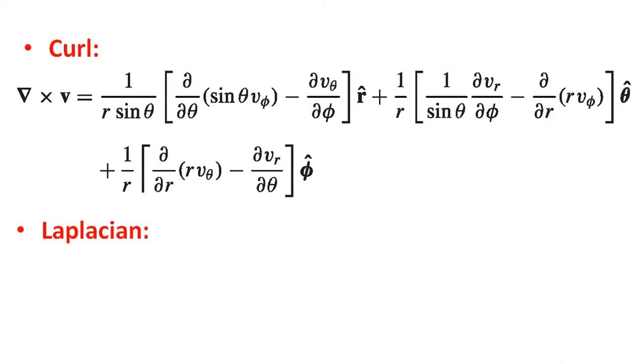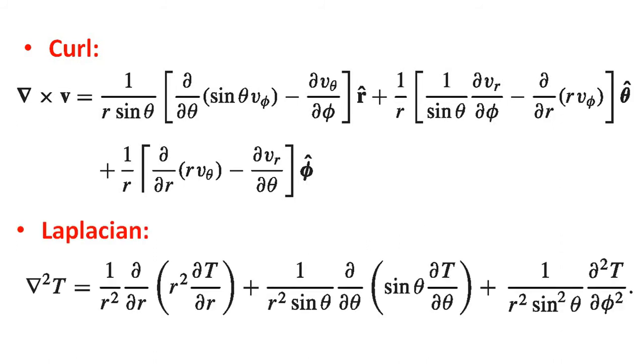Now, the Laplacian del square t is given by 1 by r square dot by dot r of r square dot t by dot r plus 1 by r square sin theta dot by dot theta of sin theta dot t by dot theta plus 1 by r square sin square theta dot square t by dot phi square.